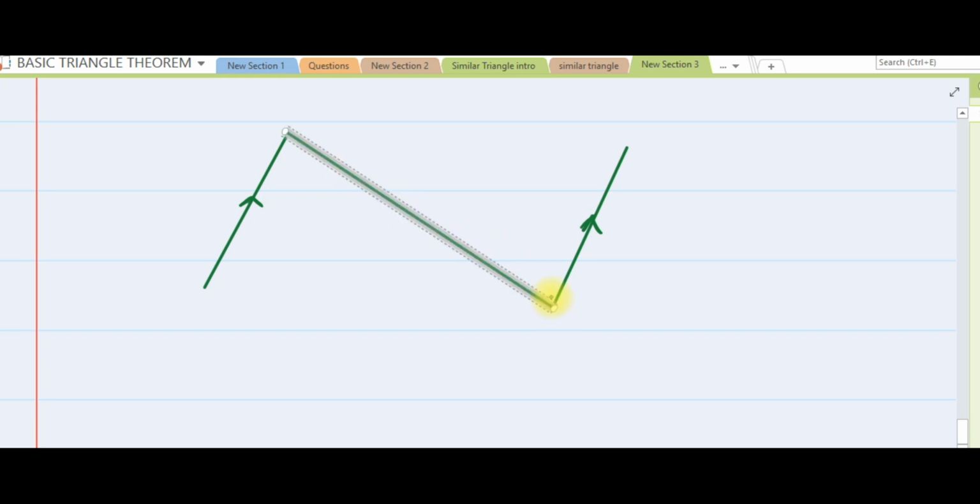Assuming I have a parallel line this way, and I have another parallel line this way. That's the line parallel to this. So assuming this line is parallel to this, and this is joined to this, and this is joined to that.